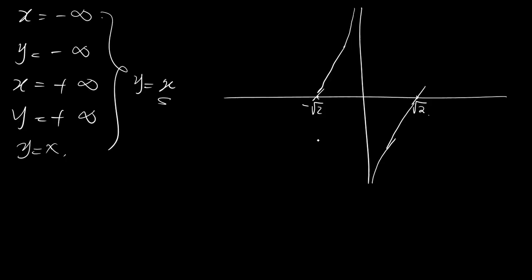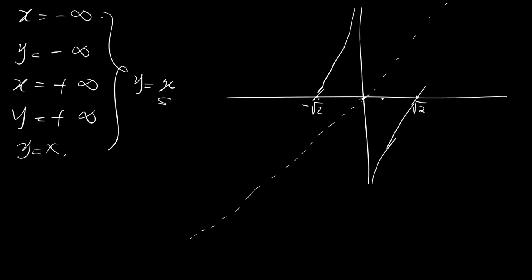Now there is a line that the curve also tends towards, which is y equal to x. So let's say this is the line y equal to x. It passes through the origin because y equals x, where x is equal to 0, y is equal to 0.